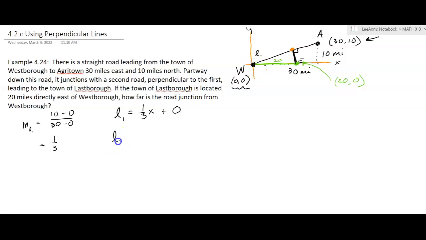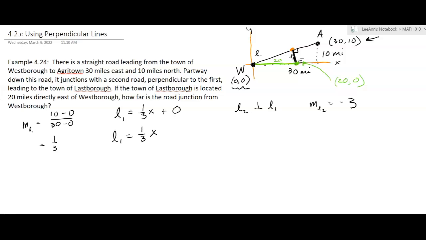So line 1 is y equals 1/3 x. Now line 2 is from Eastboro to the junction. Line 2 is perpendicular to line 1, so the slope of line 2 is going to be -3, the opposite reciprocal. Okay, so that's the slope of that line.